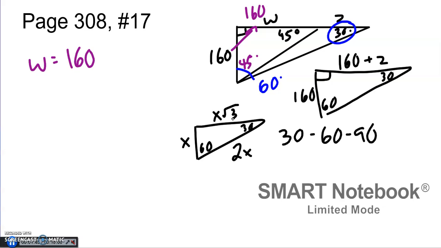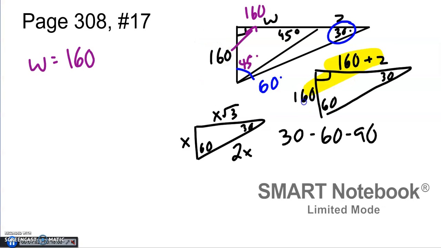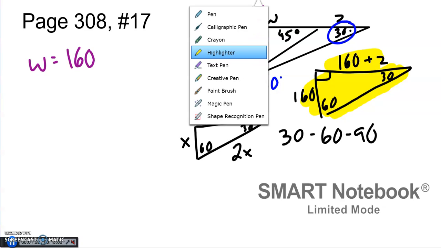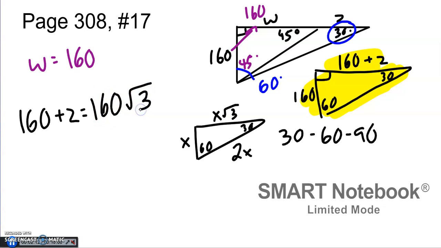If we use this diagram that we just drew in comparison to this diagram right here, well, x is 160, so now we have the value of 160 plus z is equal to x root 3, or 160 root 3. We have 160 plus z is equal to 160 root 3.